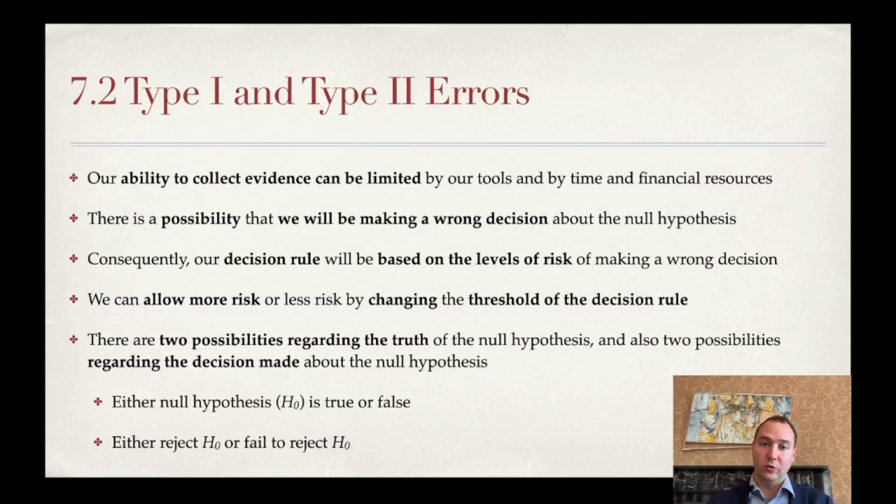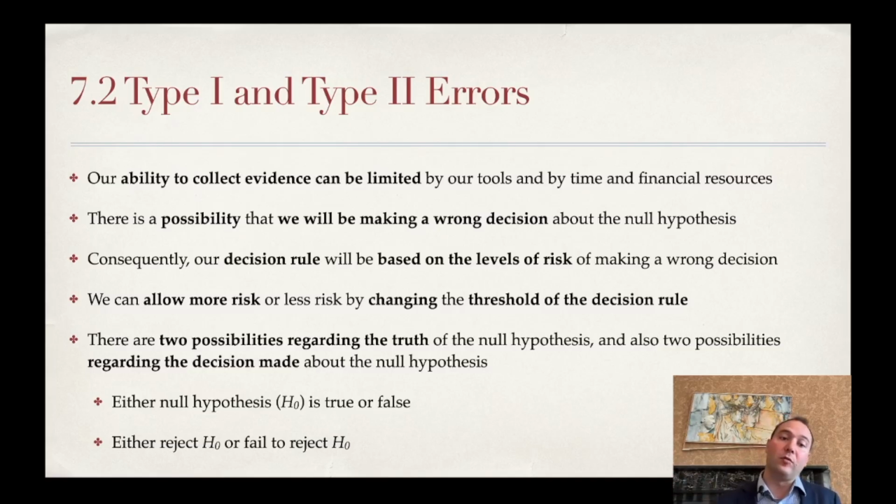Consequently, our decision rule will be based on the levels of risk of making a wrong decision. As we discussed with a financial institution or a pharmaceutical company or some other high-risk situation, we might change our decision rule to make it a little bit more rigorous if safety or some other really strong consequence is at stake.